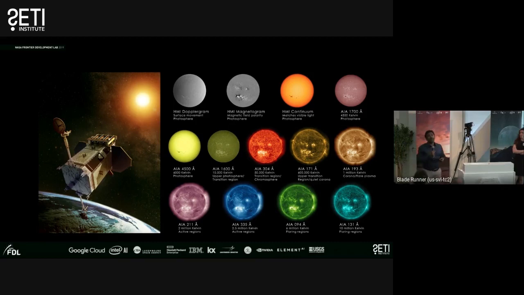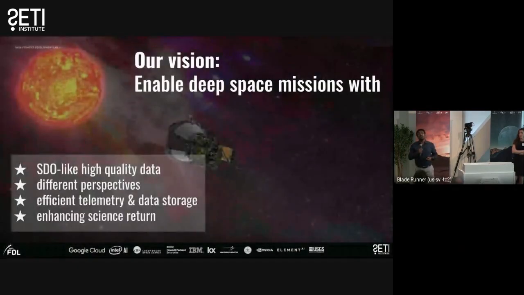So our vision is to enable deep space missions that will have SDO-like capabilities. And not only that, it should be able to observe the sun from multiple perspectives, from multiple vantage points, with efficient telemetry and data storage without compromising the scientific return.